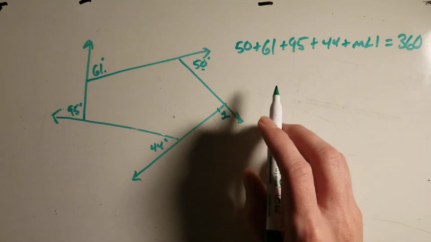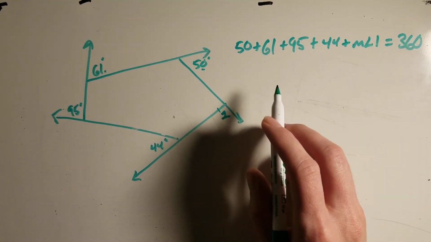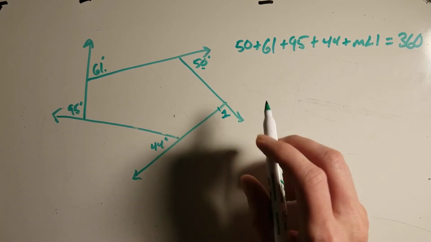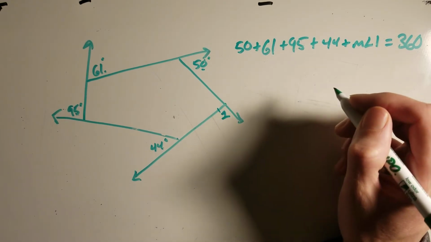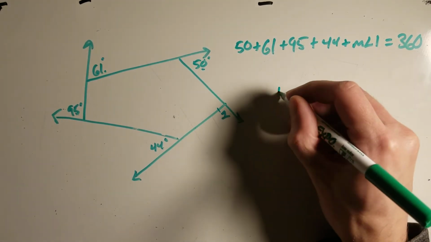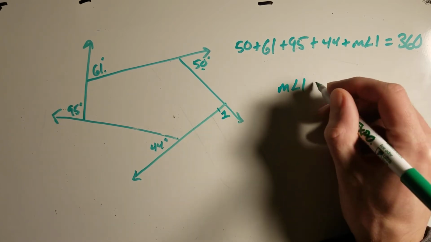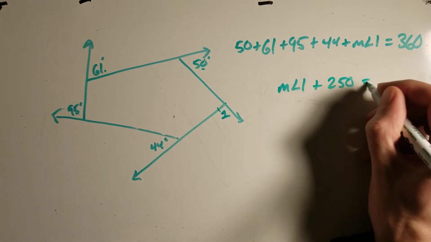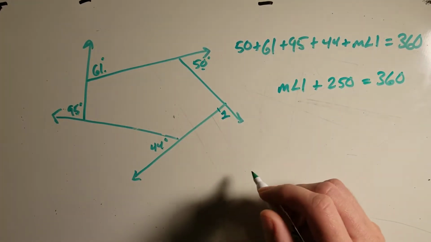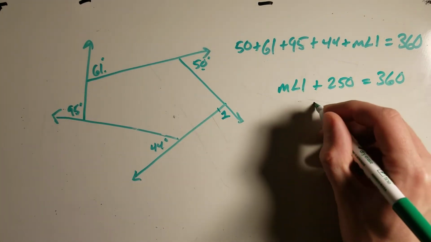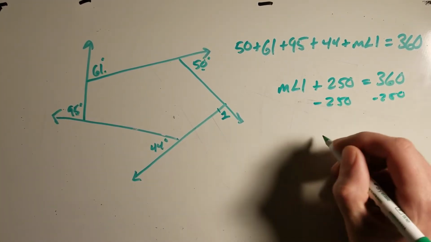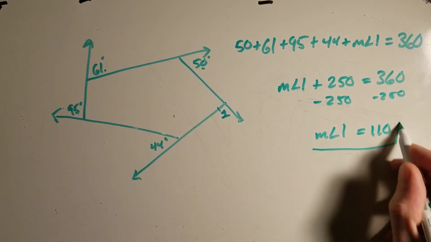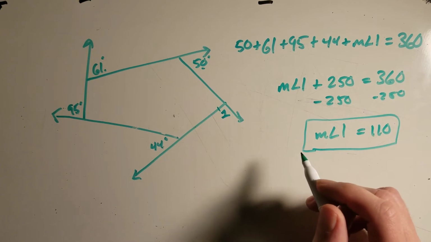When you combine your like terms, 50 plus 61 plus 95 plus 44, you should end up with 250. So the measure of angle 1 plus 250 equals 360. When you subtract 250, the measure of angle 1 should equal 110 degrees. So that's going to be our measure for angle 1 here.